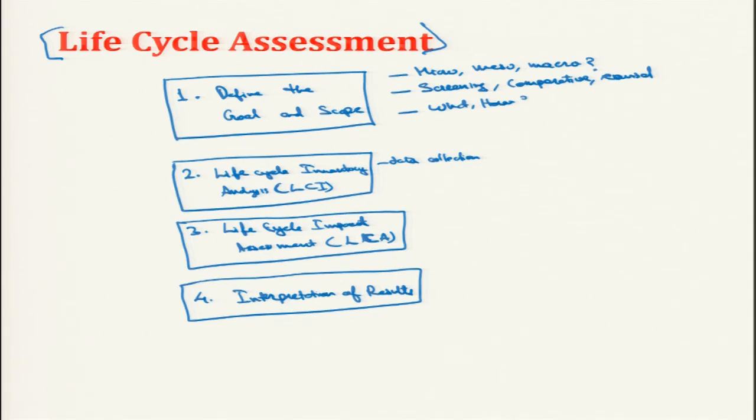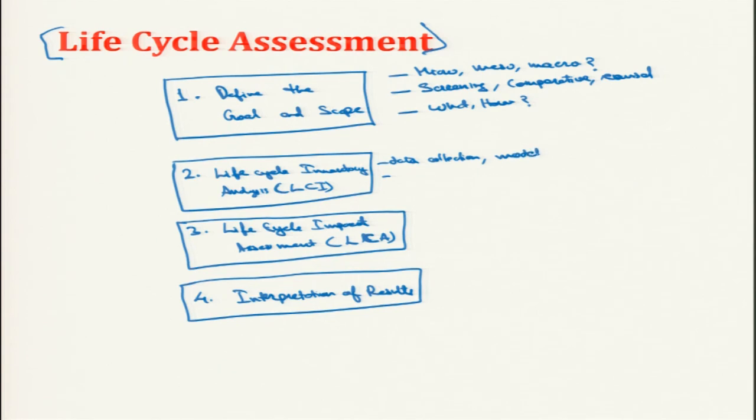This is important because we need to know the life cycle assessment, but these are important questions here. Next comes the life cycle inventory analysis, which is essentially the collection of data, and along with collection of data we have data modeling. Modeling is actually putting the data in the form of information.